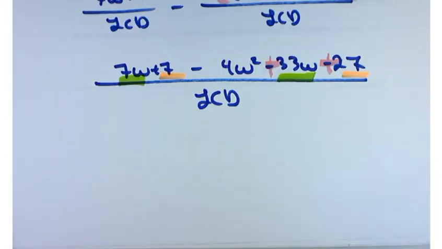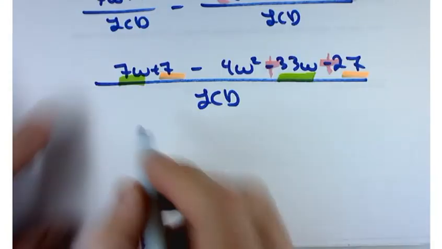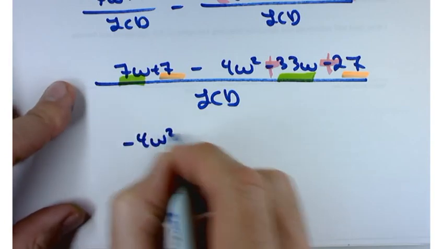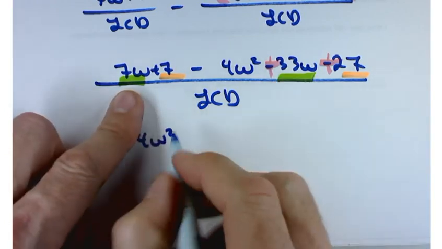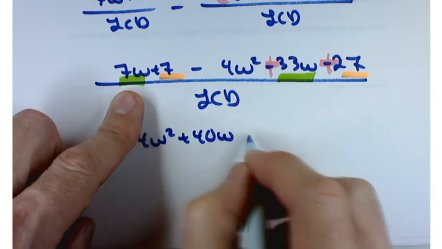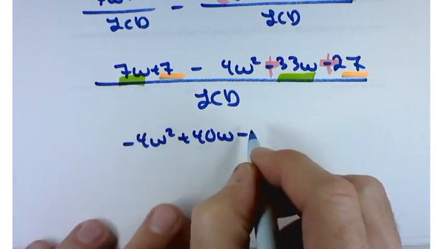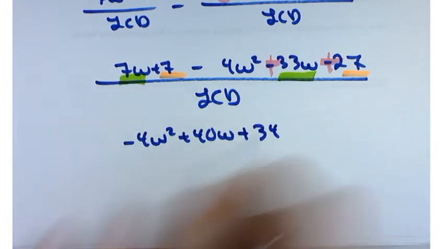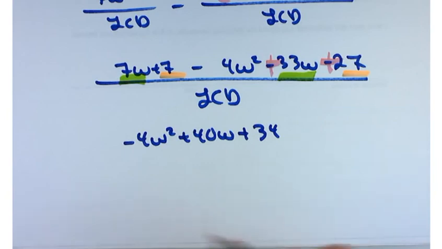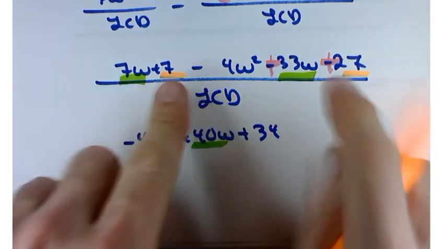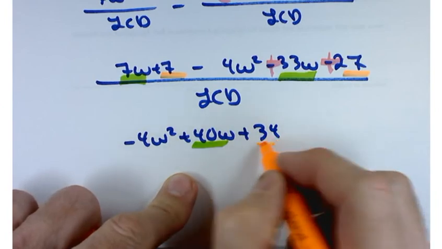Overall, we'll end up with negative 4w squared plus 40w plus 34. So you're just combining the like terms here, and these two combine to give me that.